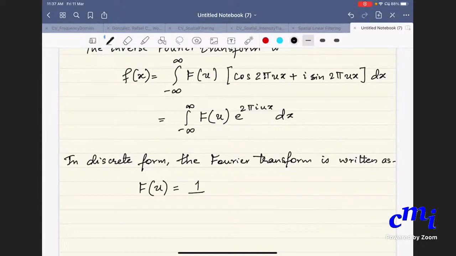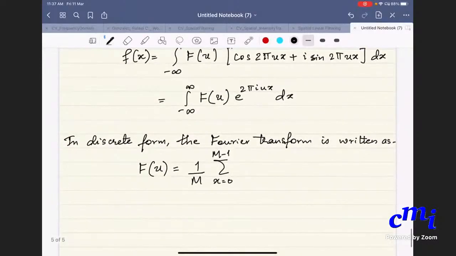So 1 over m, summation x going from 0 to m minus 1. This is where the m is fixed now, right? So instead of going from minus infinity to infinity, you're doing this over some interval 0 to m minus 1. f of x e raised to minus 2 pi i ux by m.